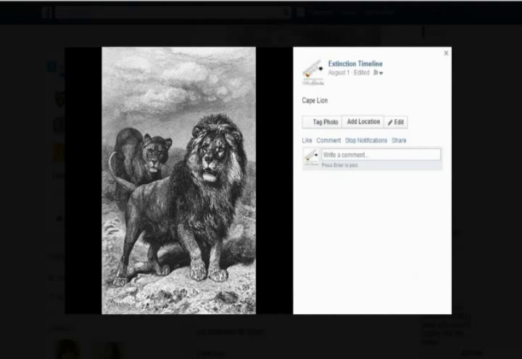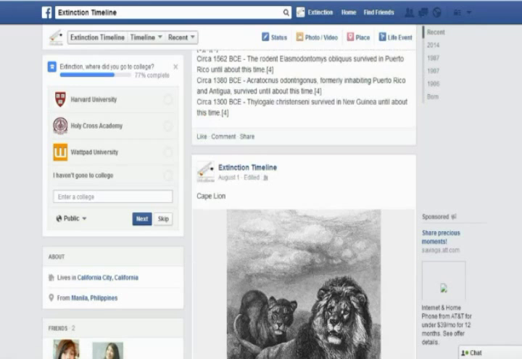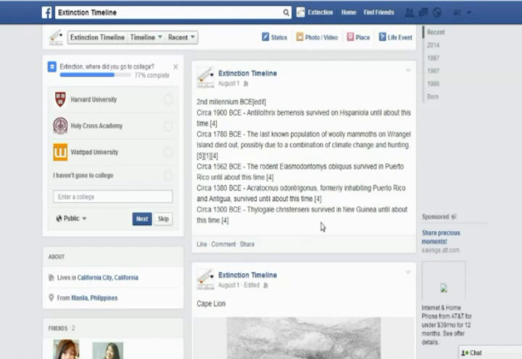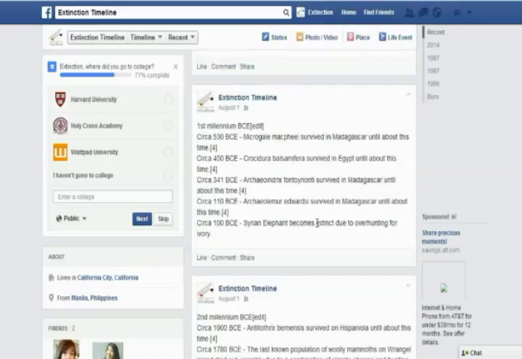The Cape Lion. 2nd millennium BCE. And 1st millennium BCE.